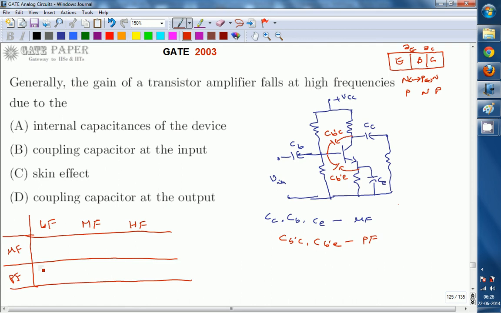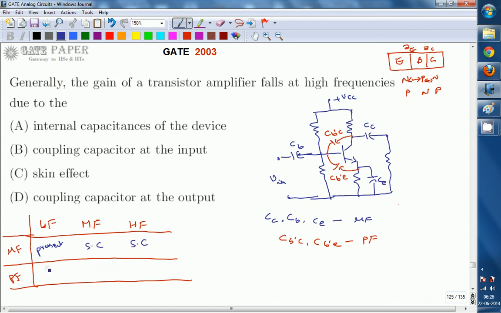Microfarad capacitors are the external capacitors CC, CB, CE, and picofarad capacitors are the internal junction capacitances. Microfarad capacitors are present at low frequencies, while at mid and high frequencies they act as short circuit.